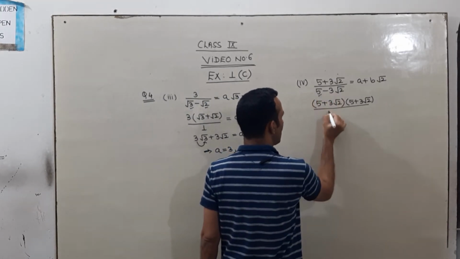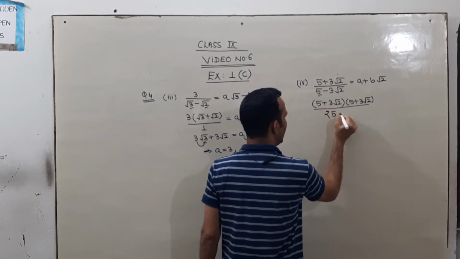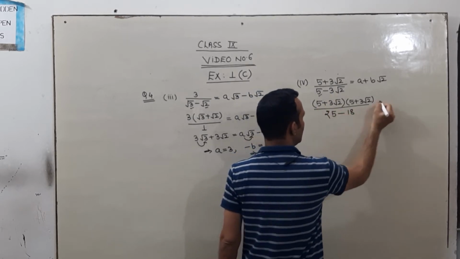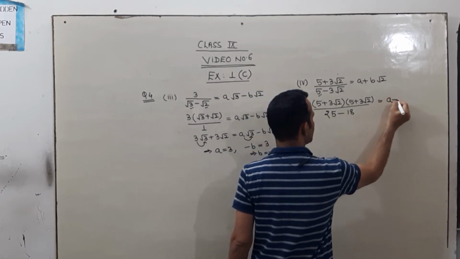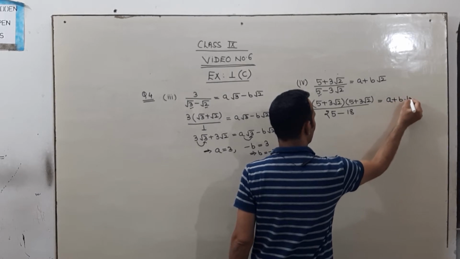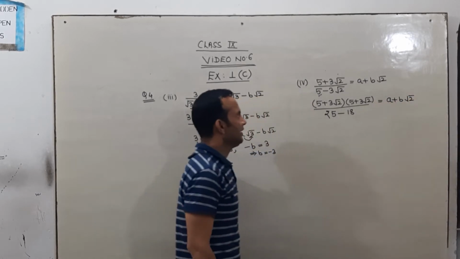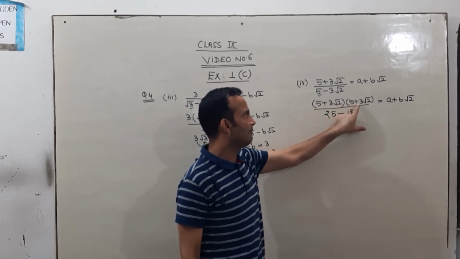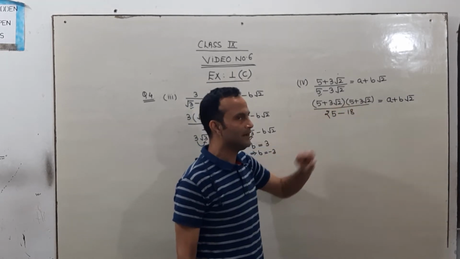Here a square is 25 and b square is 9 times 2, which is 18. Now see, 5 plus 3 times root 2 multiplied with 5 plus 3 times root 2, both are the same.